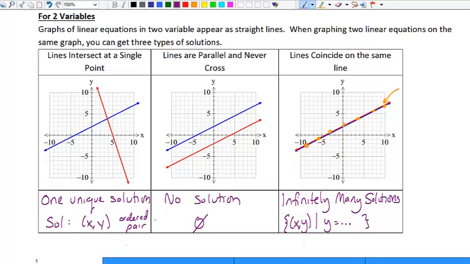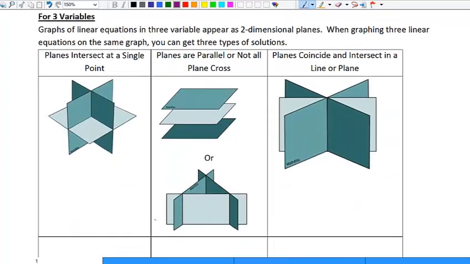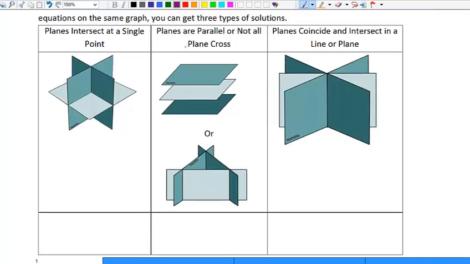So let's look at the situation for three variables. Graphs of linear equations in three variables don't appear as straight lines like they did in two. They appear as two-dimensional planes. So when graphing three equations on the same graph, you can get three types of solutions. The planes can intersect at a single point. So the light blue, the medium blue, and the dark blue all intersect right there at that intersection point.